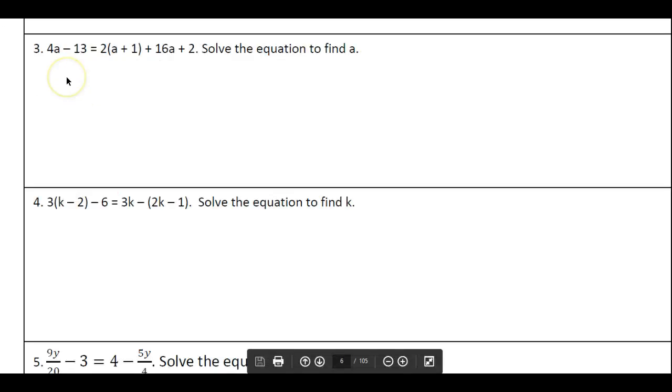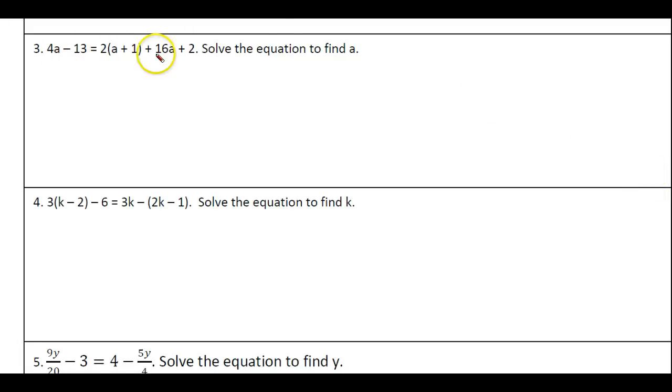So let's get started on number 3. We'll pause. But the key to number 3 is to clear parentheses. That's one of the main things we do. So we get 4a minus 13 equals 2a plus, as we distribute that, 2 plus 16a plus 2.